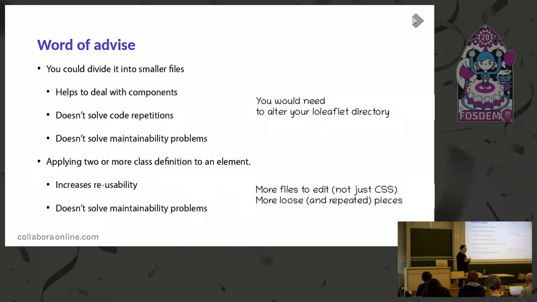Again, I would recommend not doing that, because it means you will alter your lowly flat directory, so it will not be this pristine directory anymore. Suddenly you'll have many things happening there. So for instance, if there is an update, you will again have these loose pieces. And then you might think, okay, but maybe I can change the classes in the HTML. No, don't do that. It will be really messy.